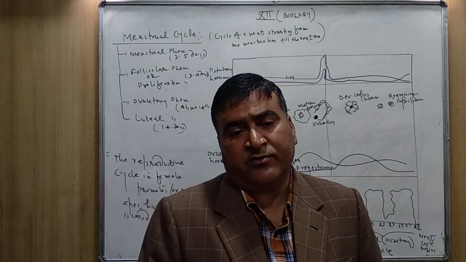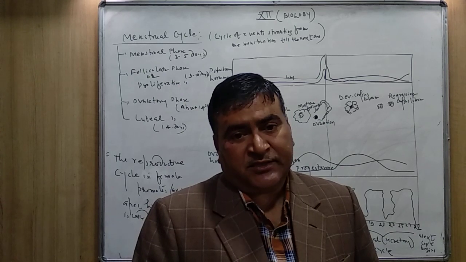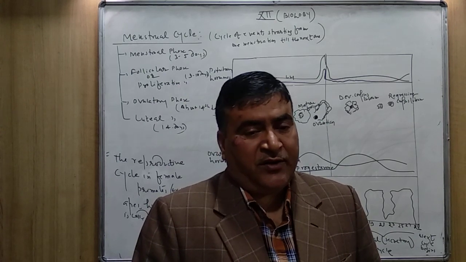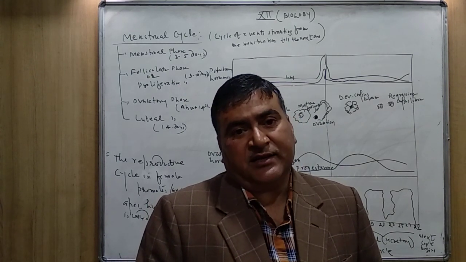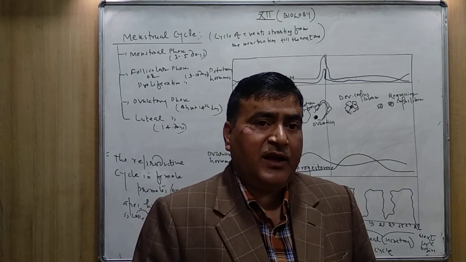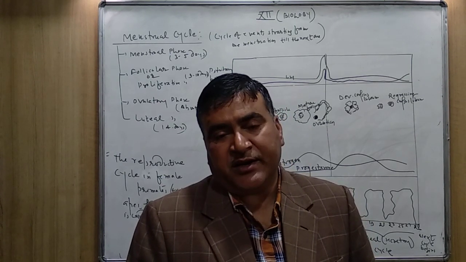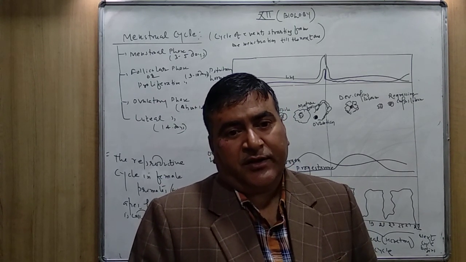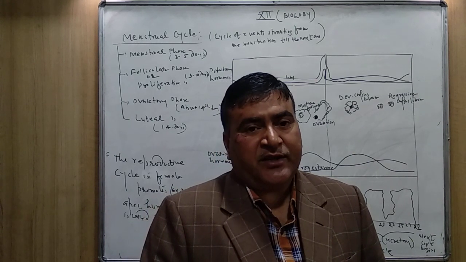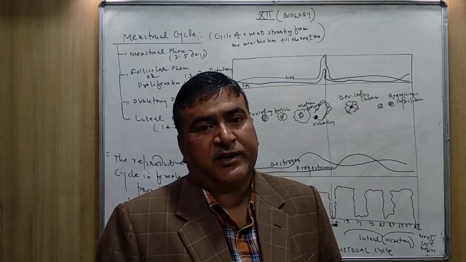As I told you, nearly 2 million primary follicles are produced in the fetus condition, and from birth till the puberty time, nearly 50 to 80,000 primary follicles remain.